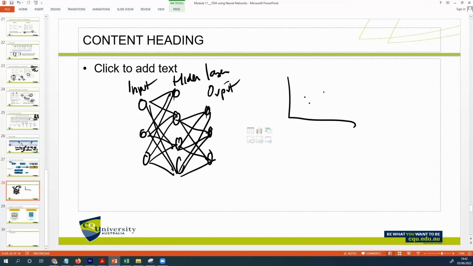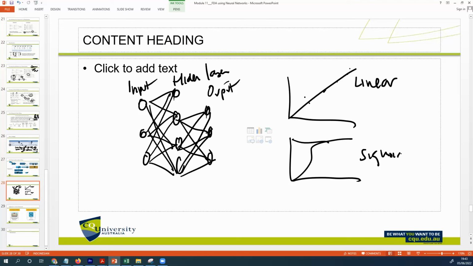For linear data like this, we use linear. For sigmoid data like this, we use sigmoid. But if the data is like this, you cannot use linear because it will not be able to follow the line, and sigmoid cannot follow the line either.